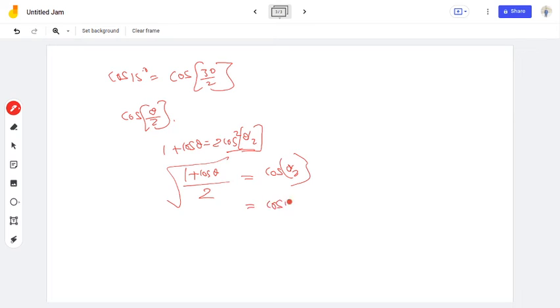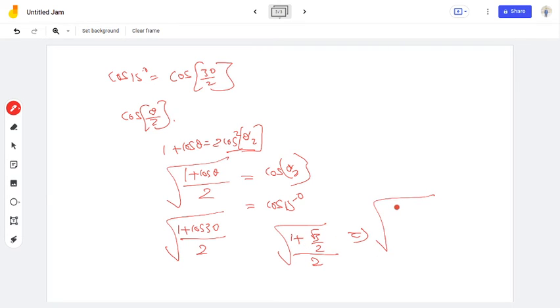So cos 15 is equal to the square root of (1 plus cos 30) by 2, which turns out to be 1 plus root 3 by 2, all by 2. So it will be equivalent to the square root of (2 plus root 3) by 4.